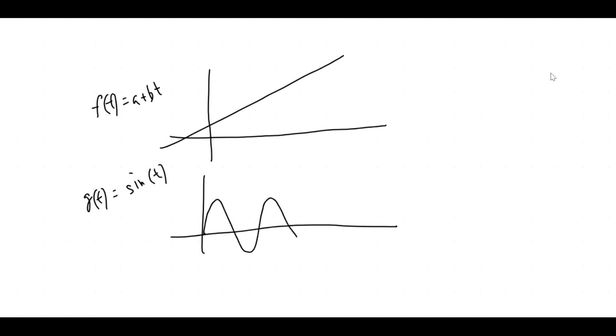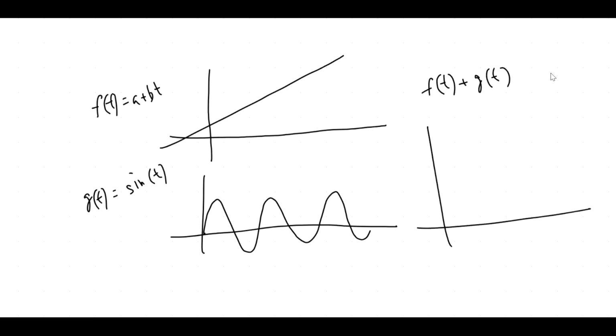If I add up these two functions, f(t) plus g(t), how would that look? If you use any software and plot the added function, a new function u(t), you'll see it would look like this.